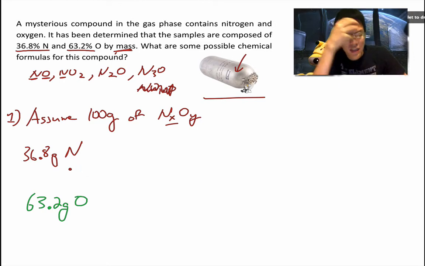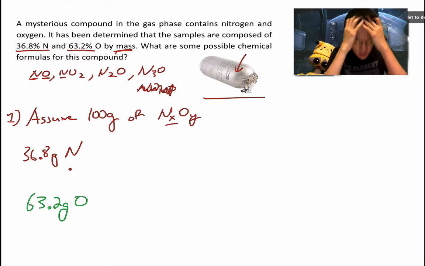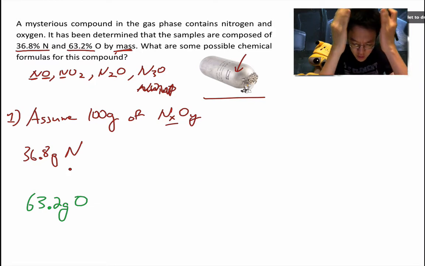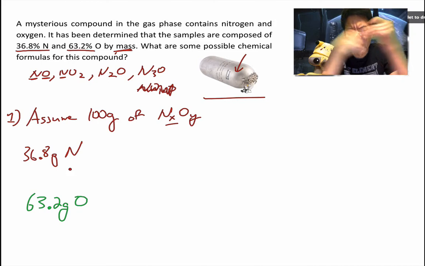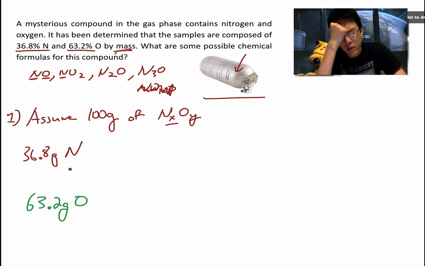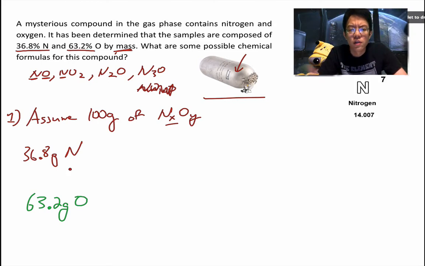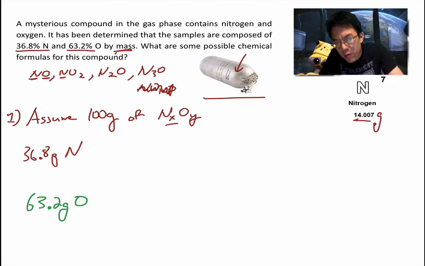It's nice, but I can't exactly count the number of grams. But if only there were a way I could convert my grams to the number of atoms or moles, right? Because I know moles are just a lot of atoms. Oh, there is, right? I can use the periodic table. And I know this number here tells me how many grams are in 1 mole of nitrogen.